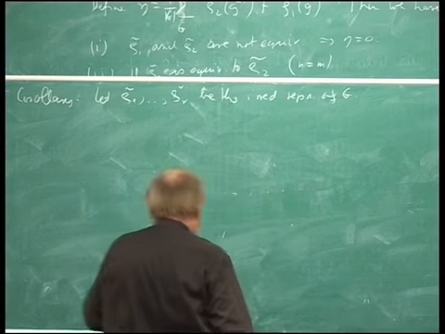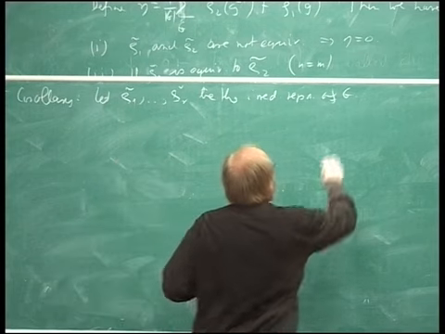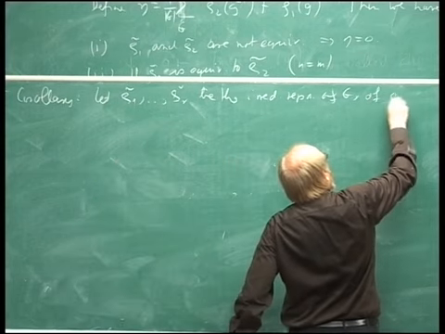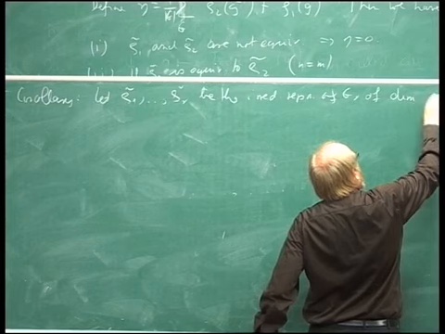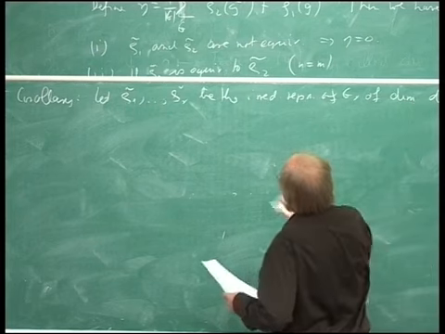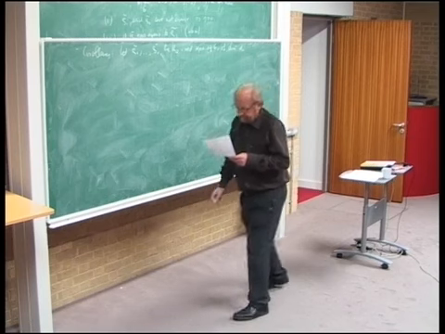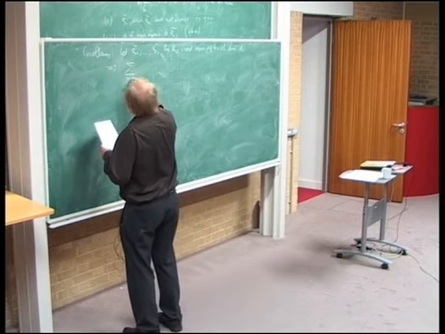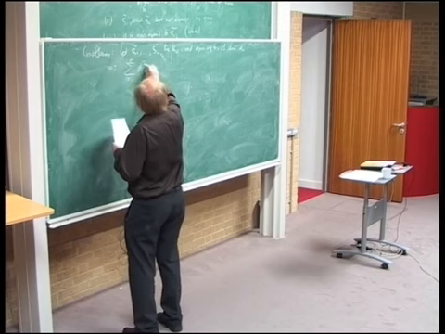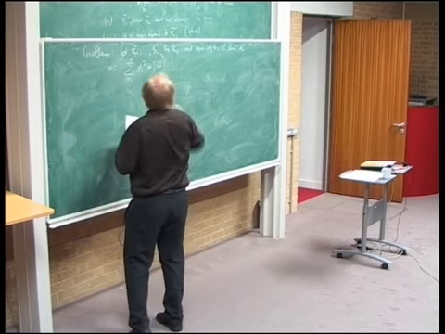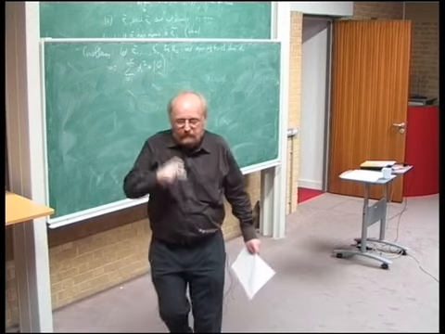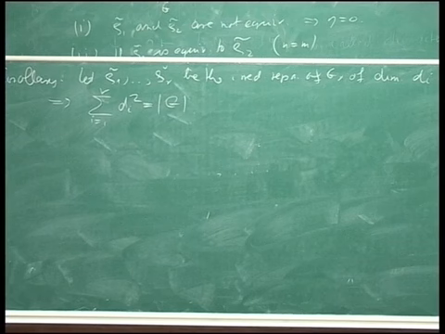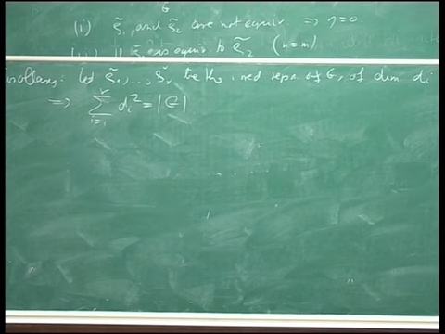There's a complete list, and of dimensions d_i. Then the following is true: the sum for i from 1 to r of d_i squared is equal to the order of G. So if you square the dimension of each irreducible representation and add them up, you get the order of G.